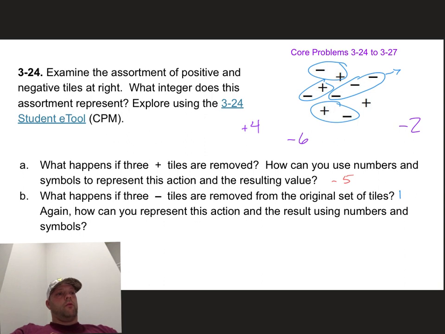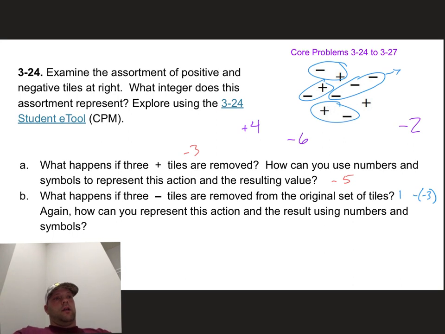The way that we would represent that is subtract a -3. On the previous problem, when we took away 3 positive tiles, we just subtracted 3. When we subtracted the second one, we took away negative tiles, so that's why we subtracted a -3, which gave us an answer of +1.